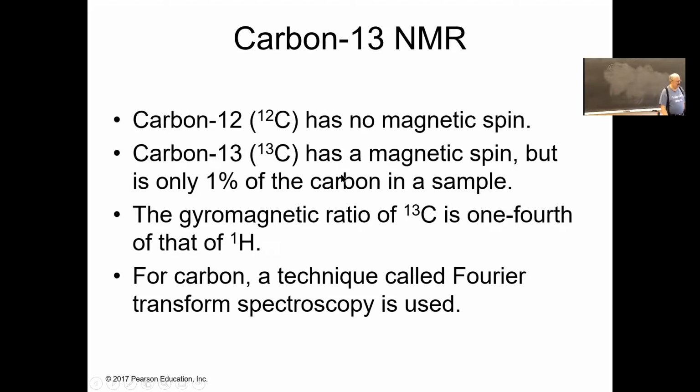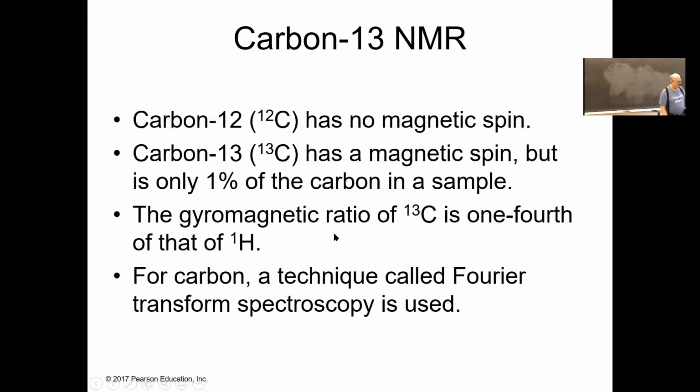Carbon-13, though, does have a magnetic spin, but unlike protons, protons represent the most abundant isotope of hydrogen, whereas carbon-13 is only about 1% of carbon that occurs in nature.